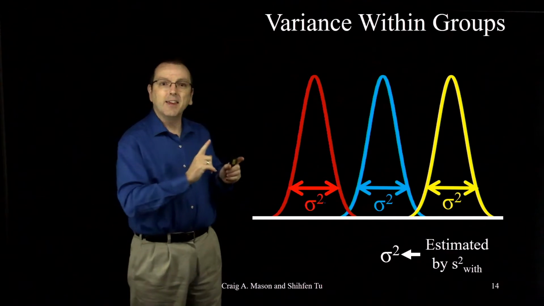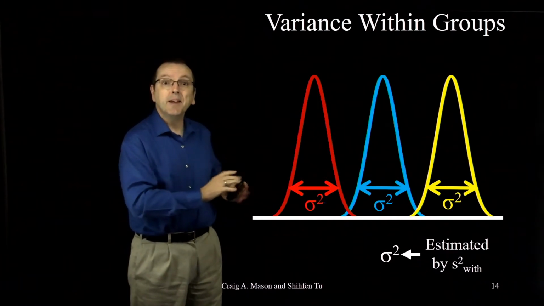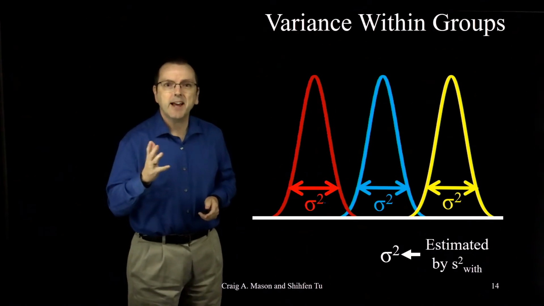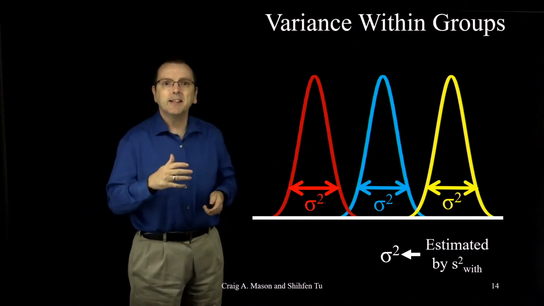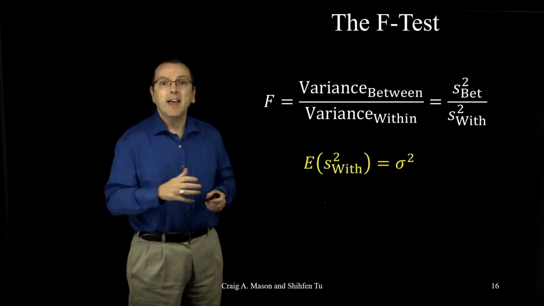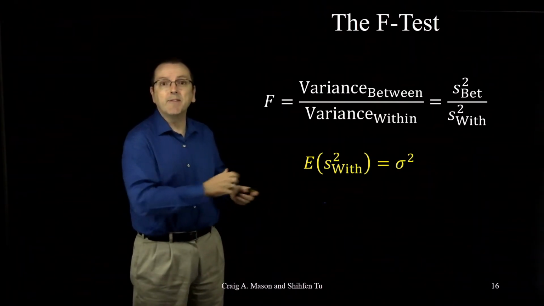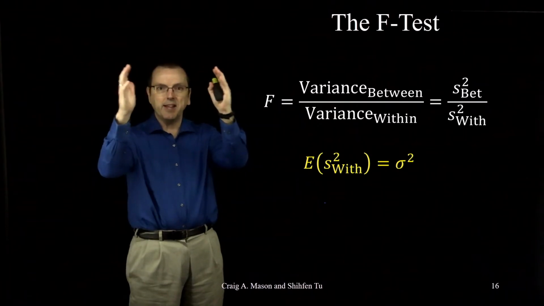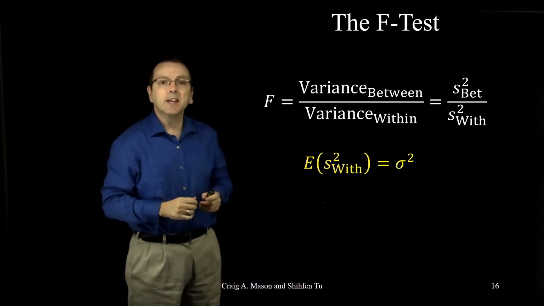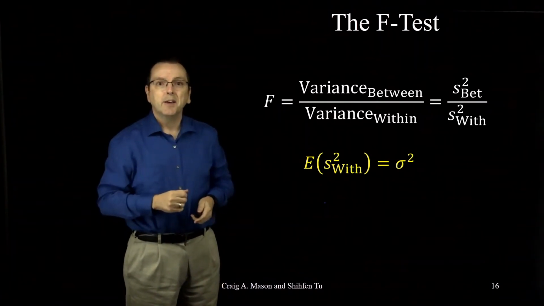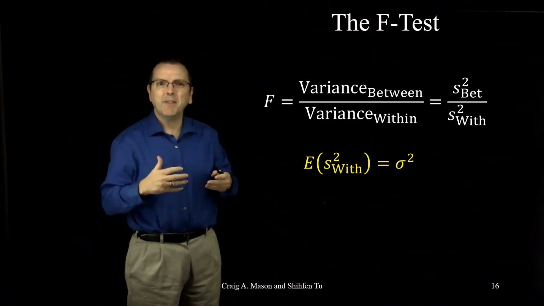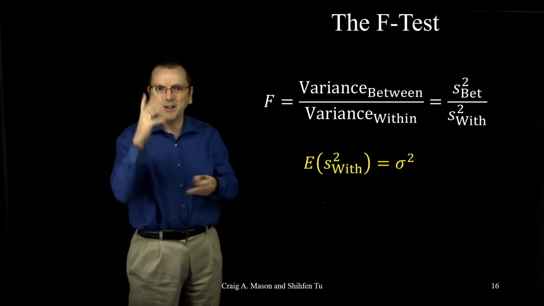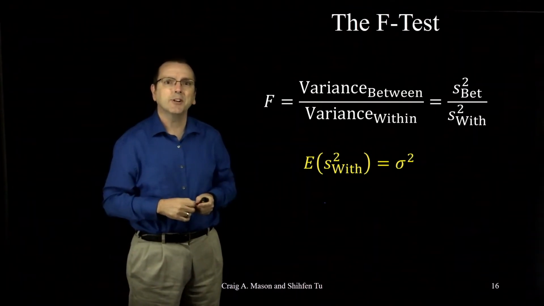So, the variance within estimates sigma squared. Depending on the textbook, you may see this written as the expected value of the variance within, E with S squared within in parentheses, is equal to sigma squared, because, well, that's what we expect it to be, even though we know it'll be a little different due to random variation.